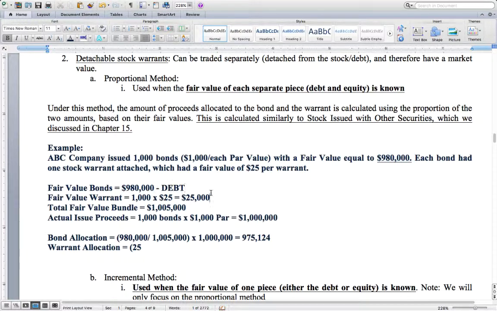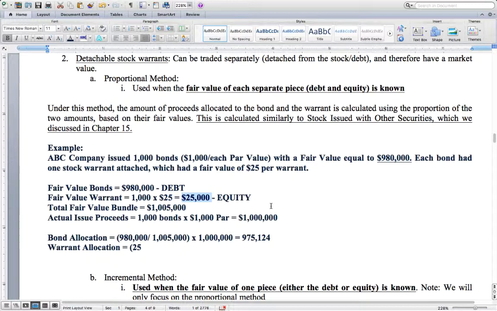Now we also know the fair value of the equity, which is the stock warrants, and we know that there is one stock warrant per bond, and there's 1,000 bonds, so we have 1,000 warrants times each warrant's fair market value of $25 equals $25,000 in equity.